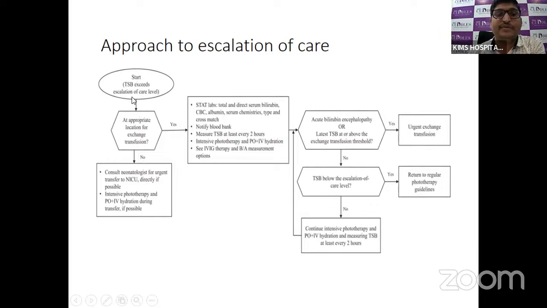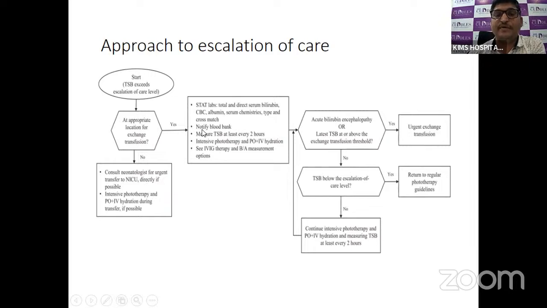So when TSB exceeds the escalation of care level, which is 2 milligram per deciliter below the phototherapy level, look at whether this unit or facility is appropriate for exchange transfusion. If yes, you send all investigations for hemolysis, like total and direct serum bilirubin, albumin, serum chemistry, and blood typing and grouping.